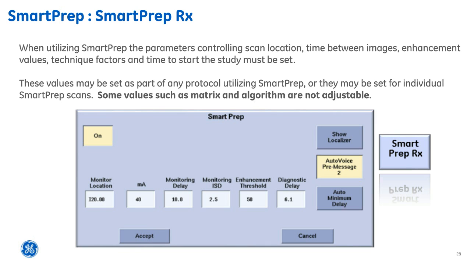So the way that we do that is we go into our Smart Prep and we've got our parameters here. We've got our monitor location, which is the area we're going to monitor the contrast coming into, our mA. We have a monitoring delay, okay, and what this does is we know generally arterially it's going to take 10 seconds to get to the aorta.